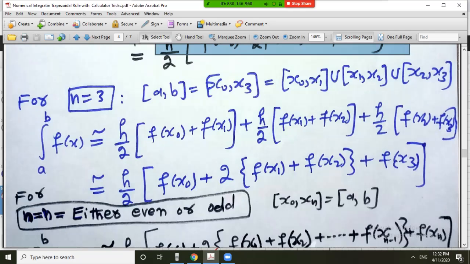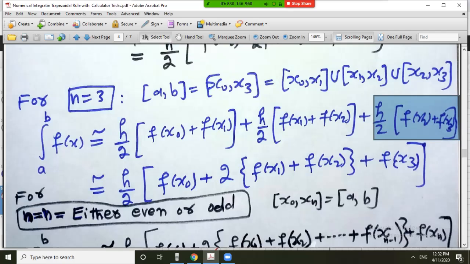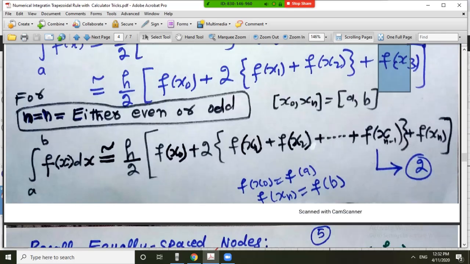For n equal to 3, we divide the given interval into three subintervals, then apply the trapezoidal rule to each subinterval. And adding, we have f of x naught plus 2 times f of x1, f of x2 plus f of x3. Similarly, for n equal to itself, n can be even or odd.